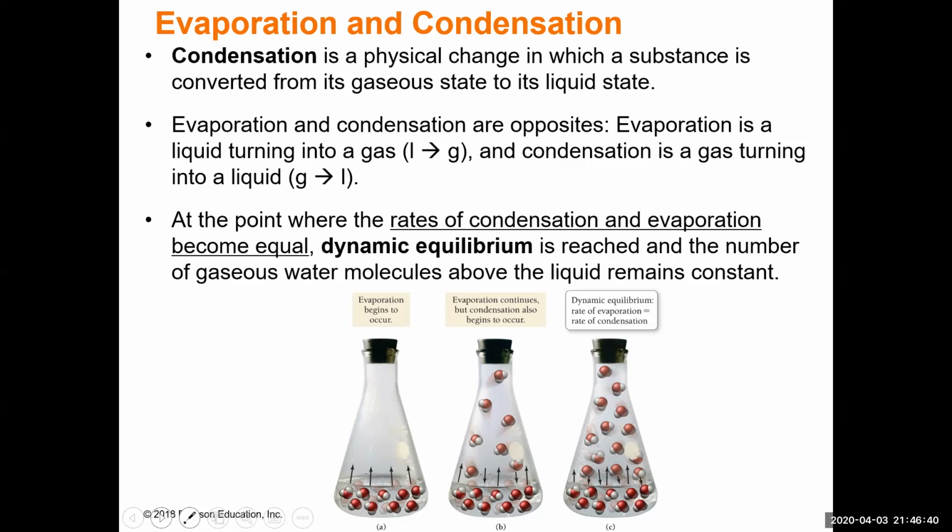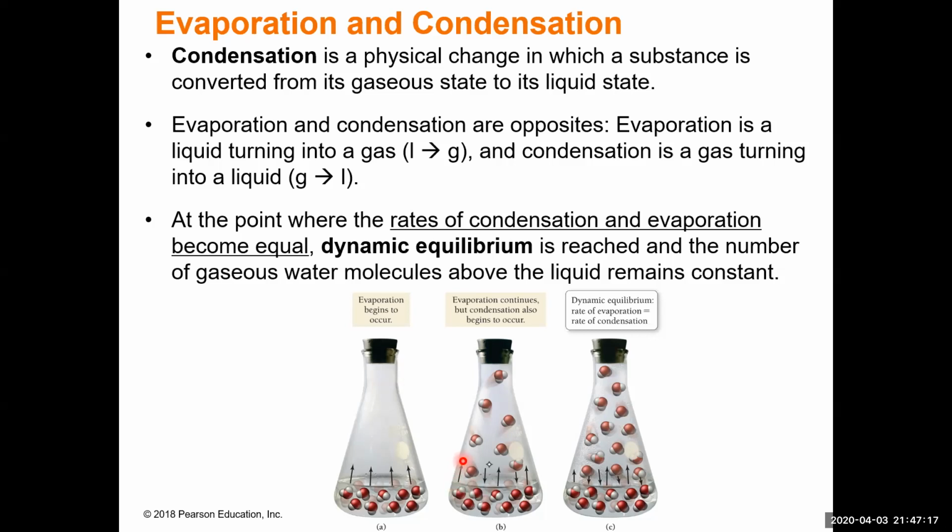So if we look at this diagram here, we see we just have liquid initially, but now evaporation is just beginning to occur. So our phase change is going only from our liquid to our gas, some amount. In figure B, we see that the evaporation is continuing, which we see from these up arrows going from the surface of our liquid into the gas state.